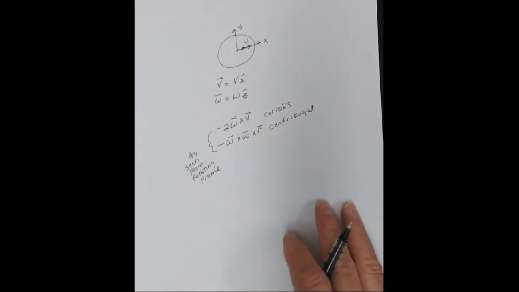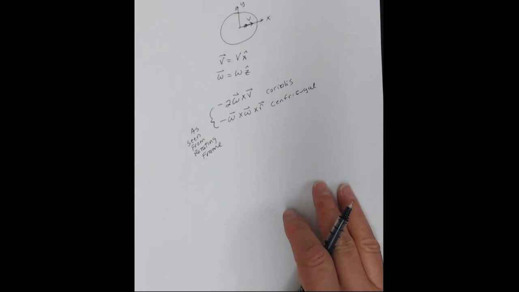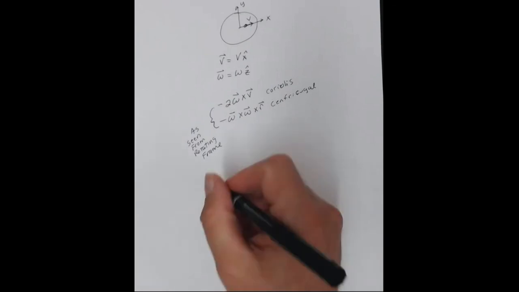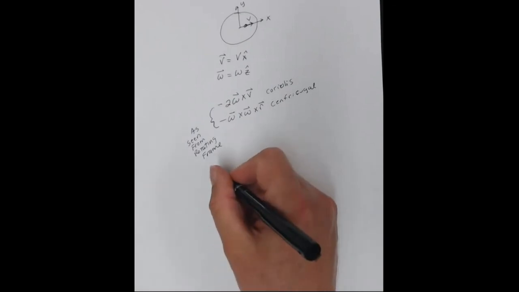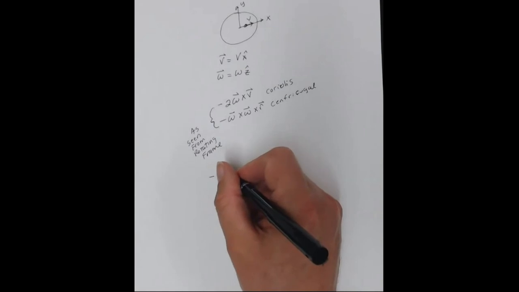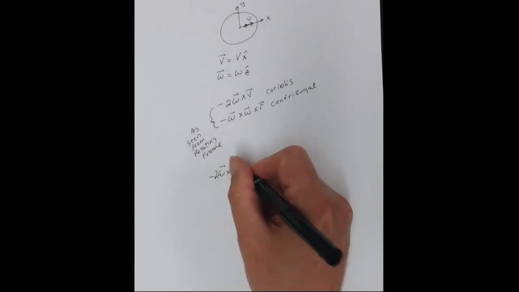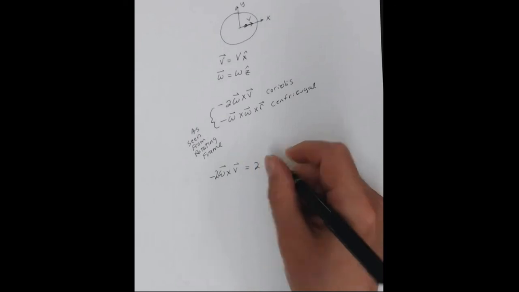Okay, so what do we have? The Coriolis, we have 2 times omega cross v.